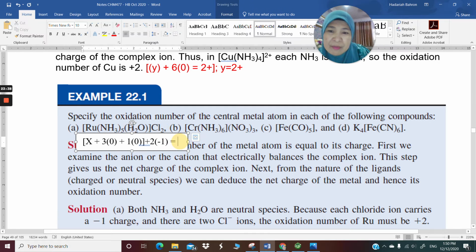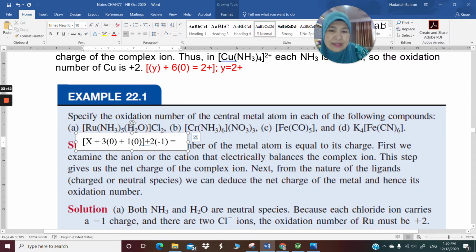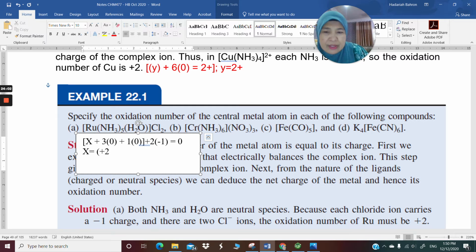But the whole thing, when you put the chloride in, the whole thing is a 0 charge. So you have, whole thing is 0 charge, so your X is equal to +2. So the oxidation state of your ruthenium in the example above is +2. I hope that is clear.